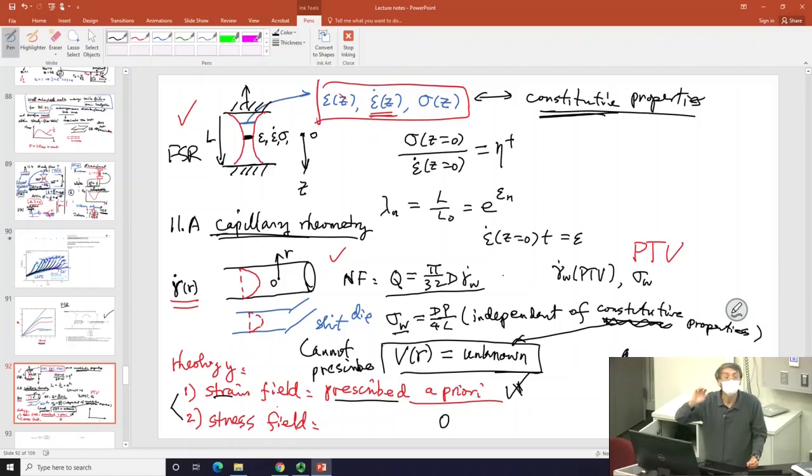Why do you want to focus only on the transient? My claim is, even in processing, you hardly ever deal with steady state. It is the transient that's important.